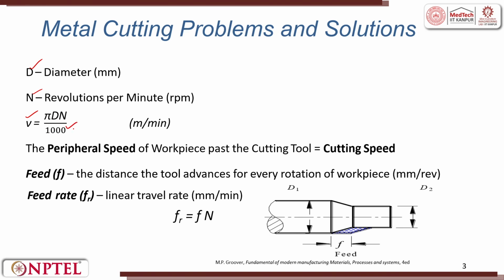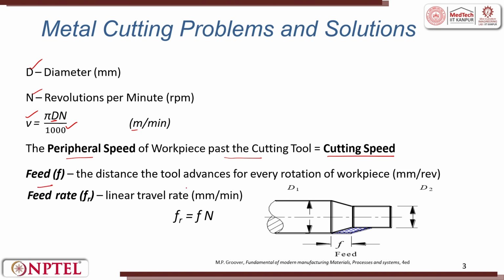This 1000 factor has come because we are converting the diameter into meters, because meter per minute is required and generally diameter is given in millimeters. So, n is your rotational speed, that is revolutions per minute. This is how we get the peripheral speed of the workpiece past the cutting tool, equal to the cutting speed.